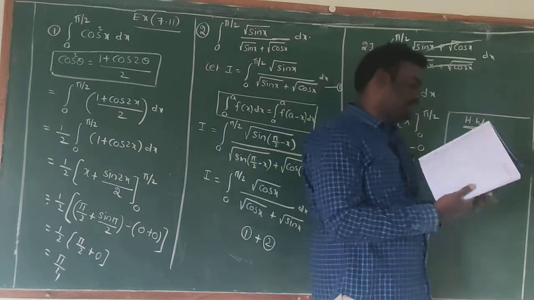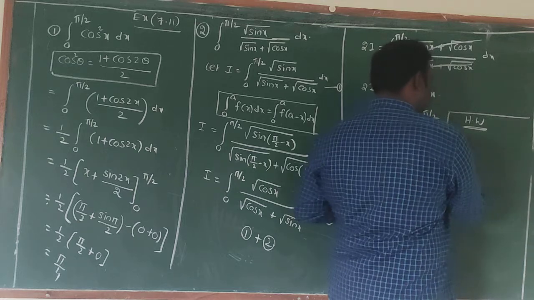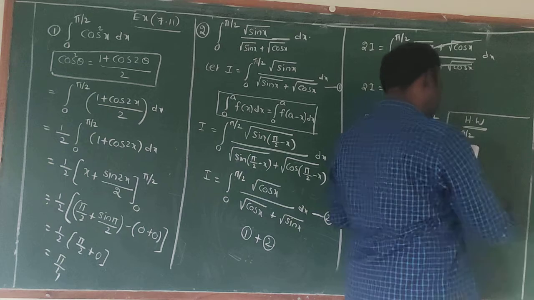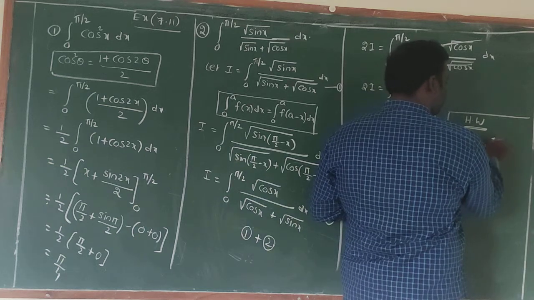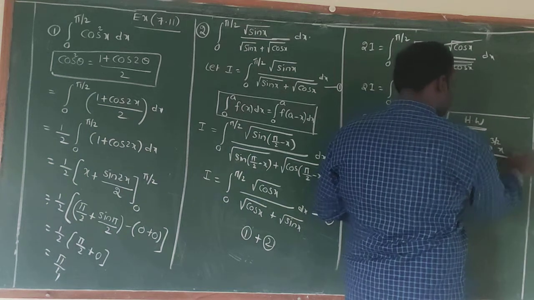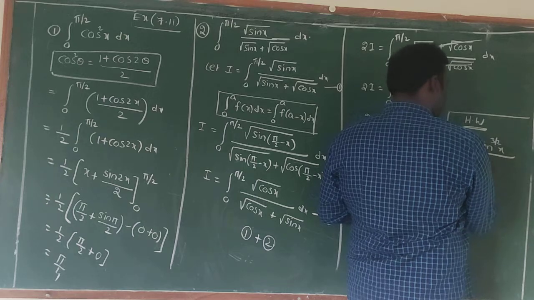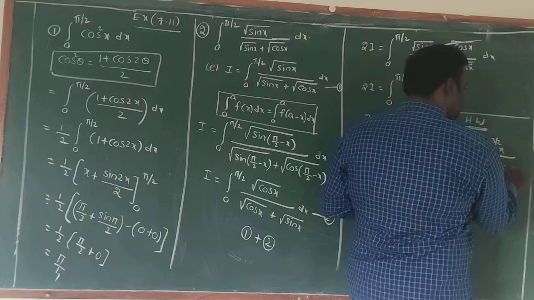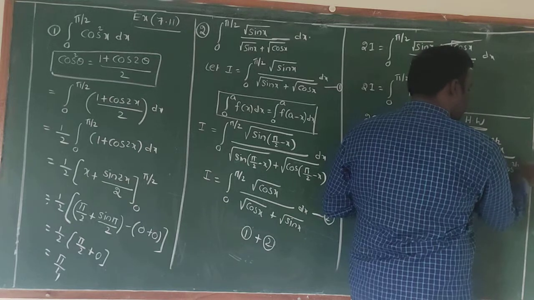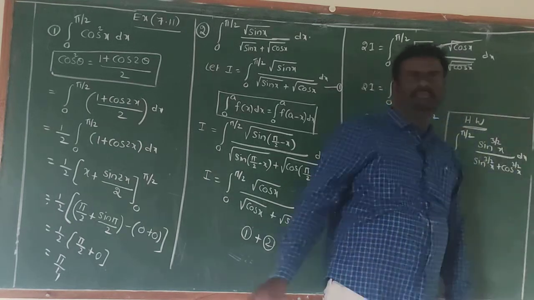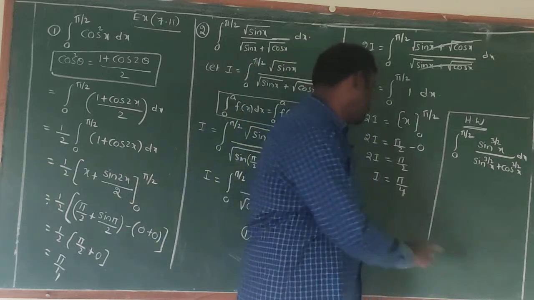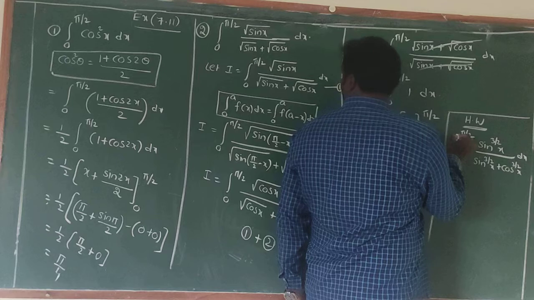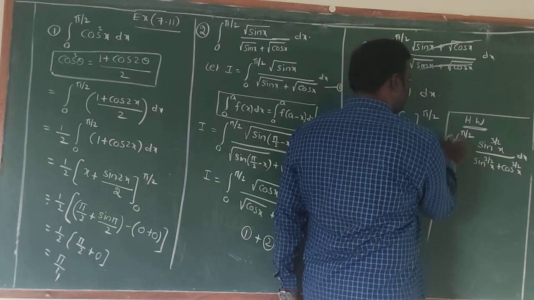Okay, first question: integral from 0 to pi by 2 of sin power 3 by 2 x by sin power 3 by 2 x plus cos power 3 by 2 x dx. Same method. Answer also the same. What is the answer? Pi by 4. It is the third question.